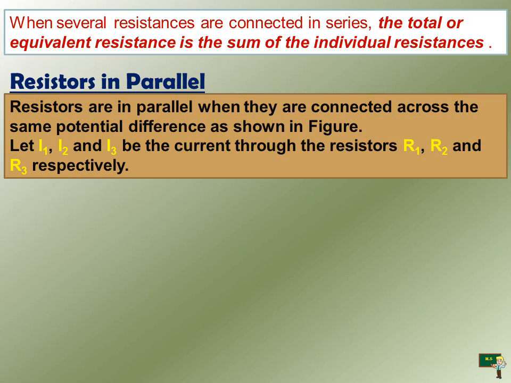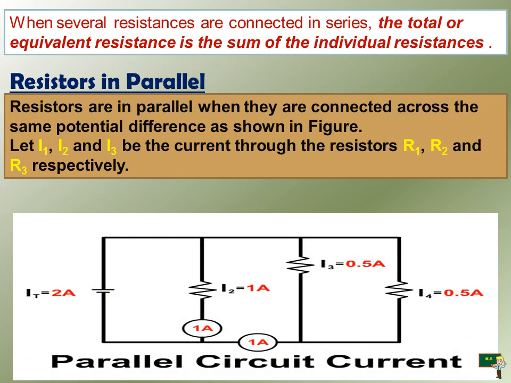Let I1, I2 and I3 be the different currents through the resistors R1, R2 and R3. See, in this parallel circuit you can watch I1, I2 and I3, the different currents passing through this parallel circuit.